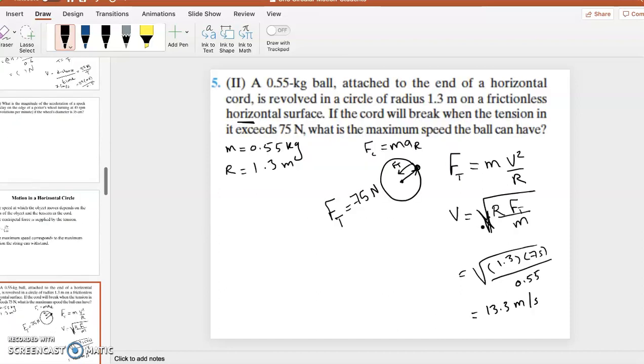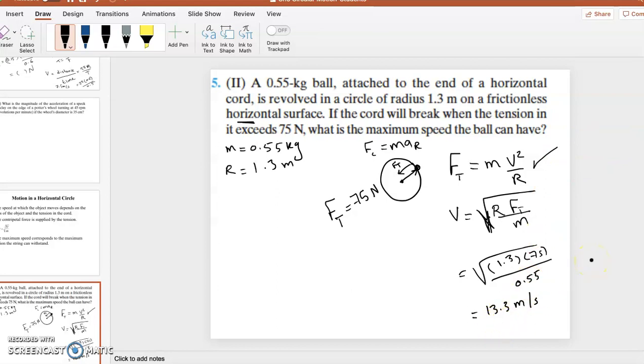And now we have r F_T divided by m. I wouldn't memorize all these formulas. I will just go with the basic thing. For example, here it is the force of tension, and that's the only thing we have. So it is the centripetal force basically, and from there we can calculate the maximum speed.